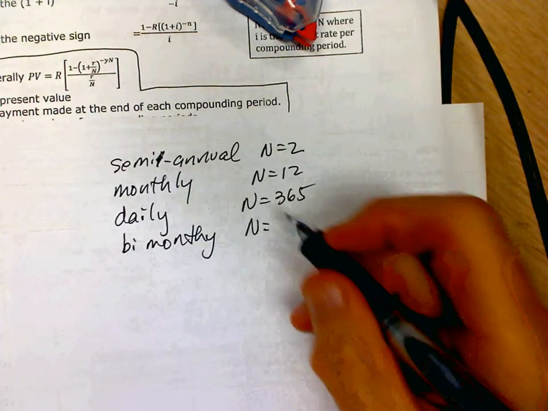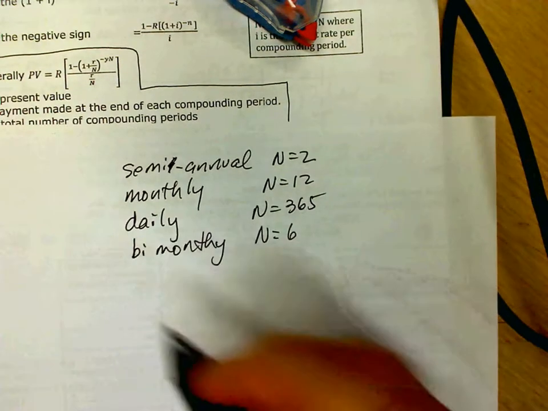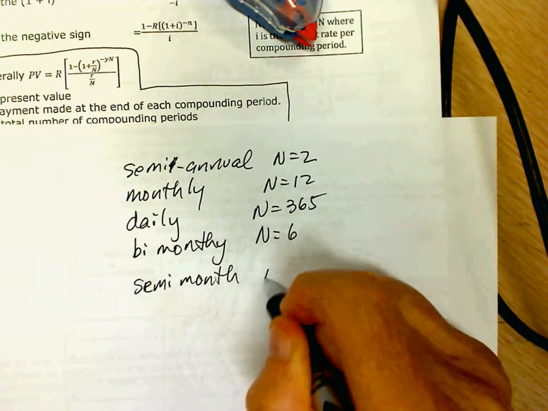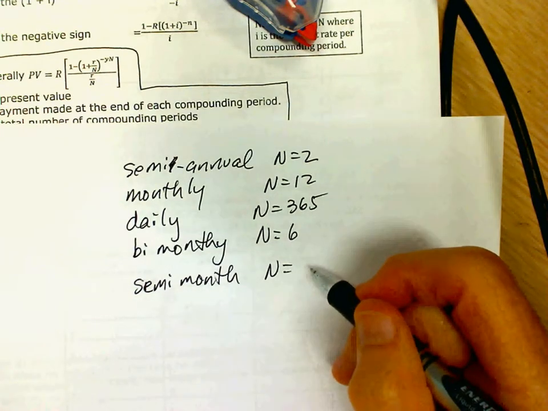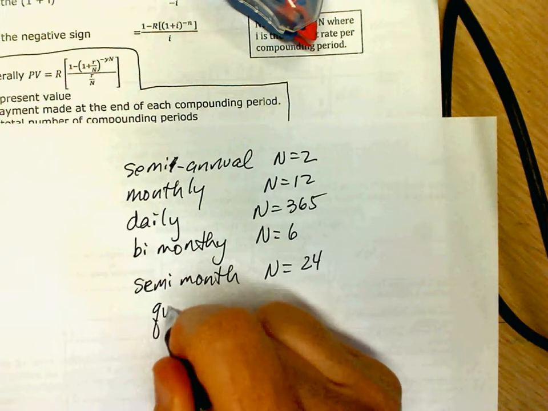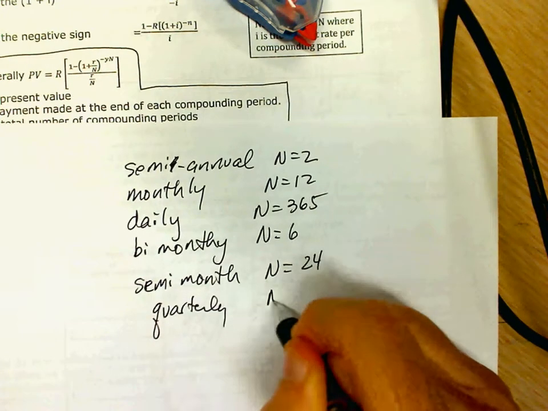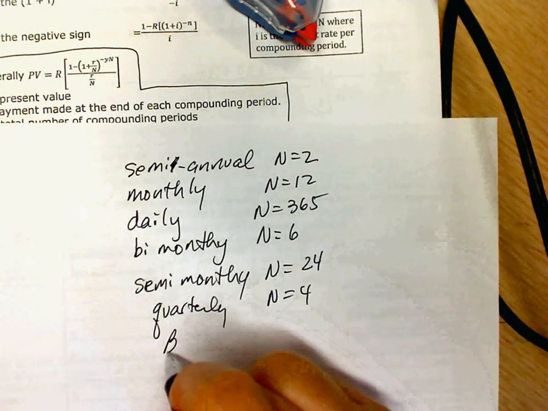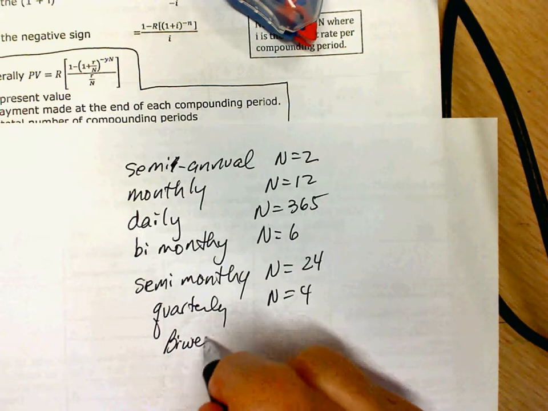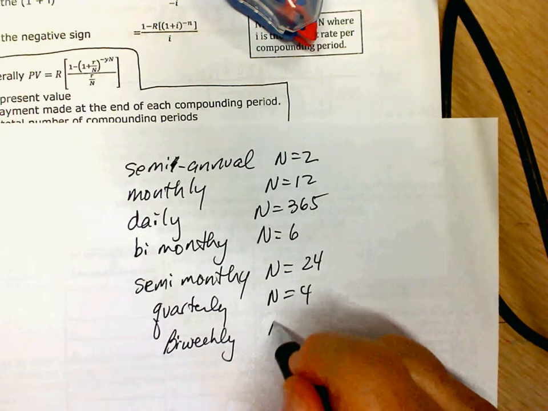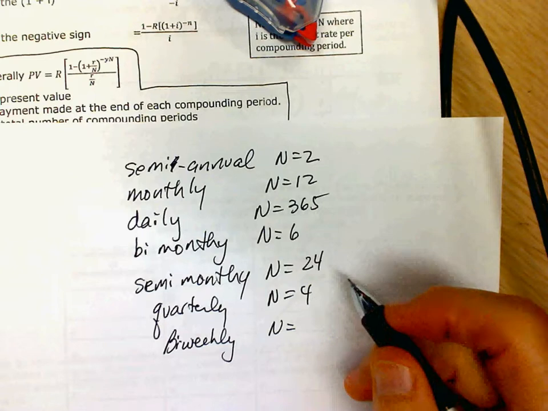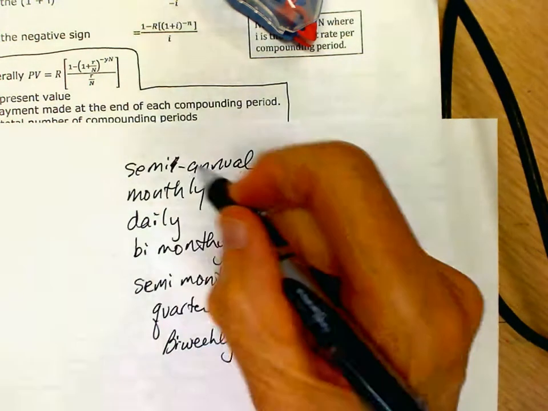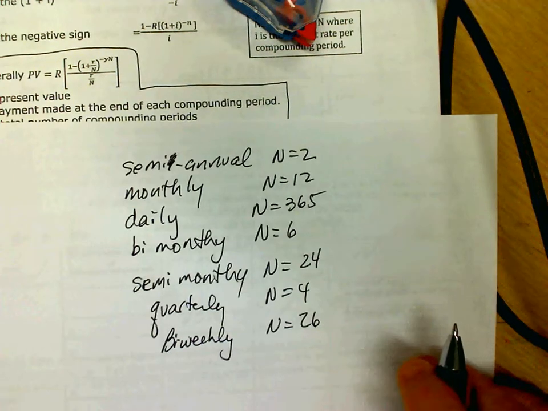If it's semi-monthly, what would N be? If it's quarterly, N equals 4. What if it's bi-weekly? Are we good with that? Bi-monthly is once every 2 months.